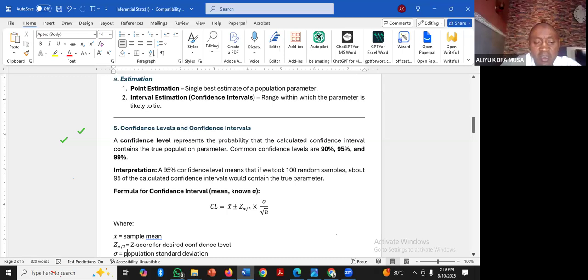If I say, okay, I'm at 95% confidence level, it means 4 out of 5, they are going to look exactly like their father.